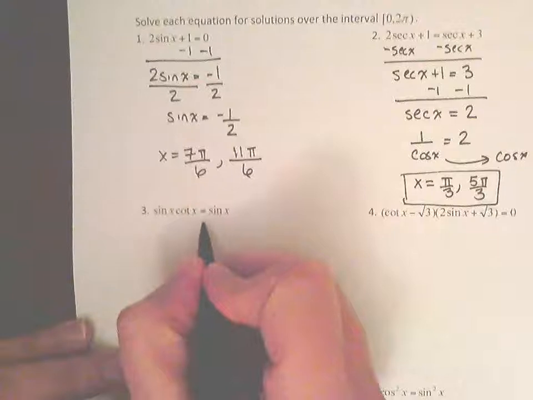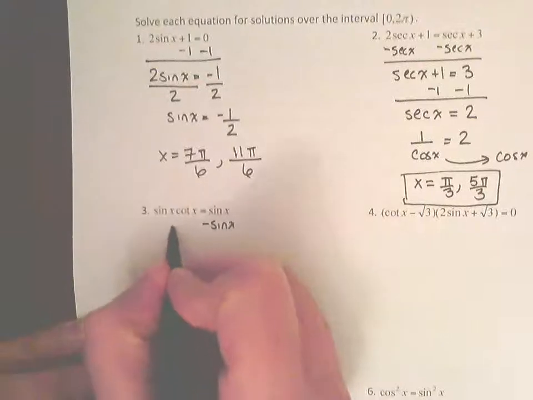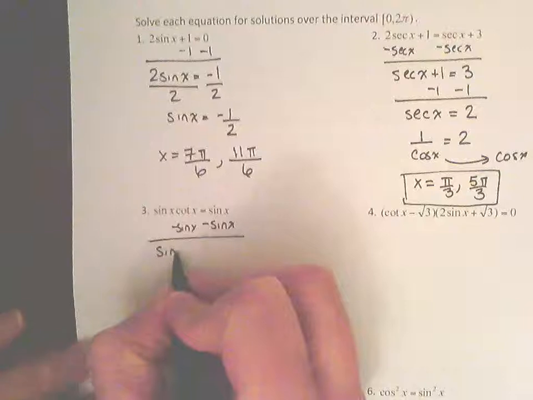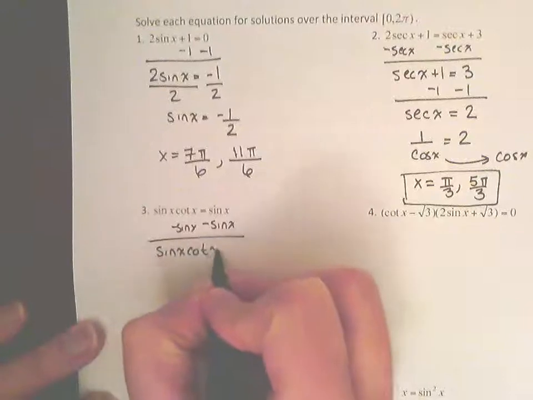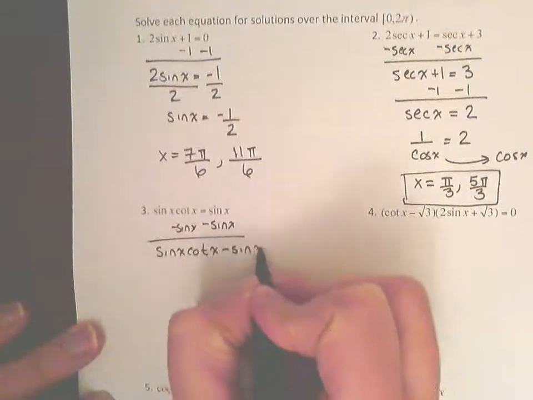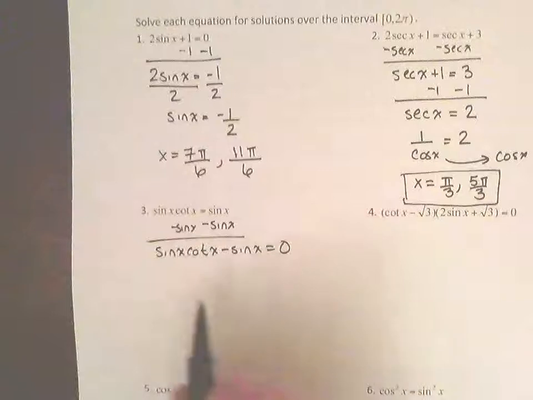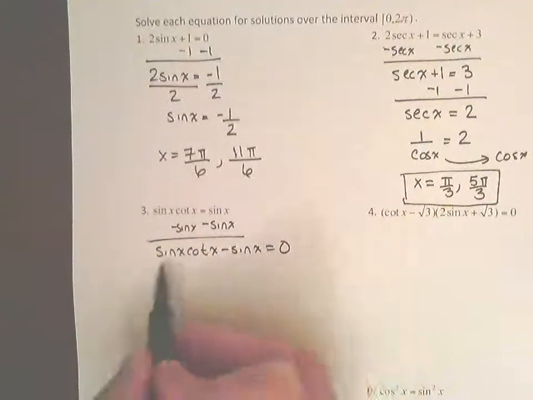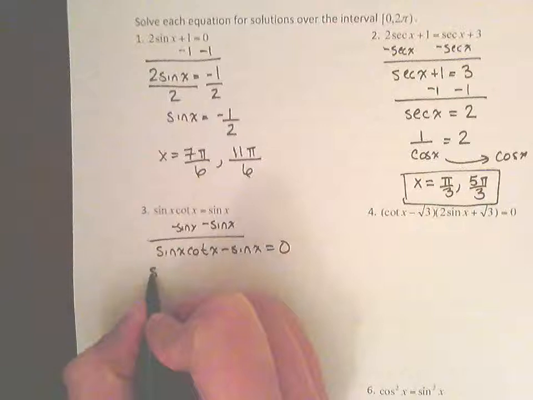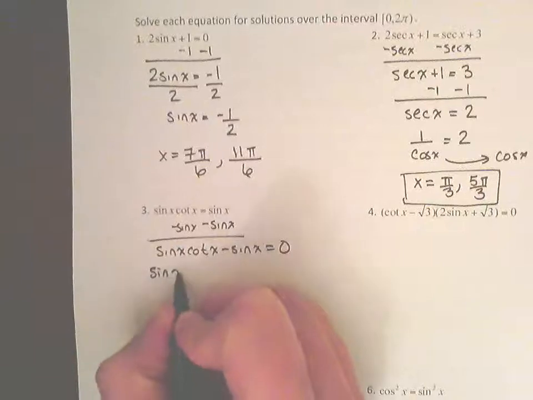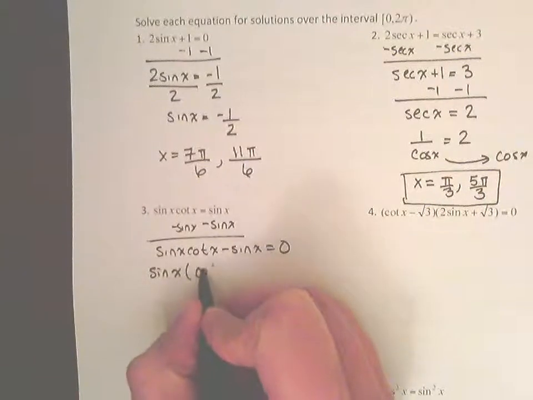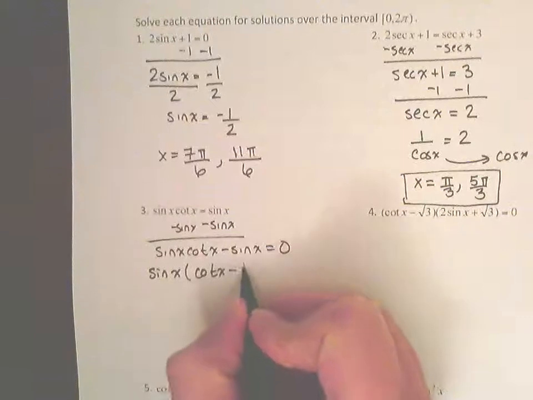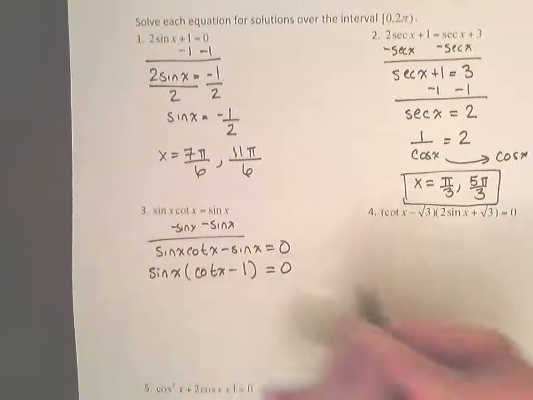So here, when I move this over to set it equal to 0, I can see that I have a common factor between these two terms. So I can factor out a sine of x, so we're left with cotangent of x minus 1 equals 0.